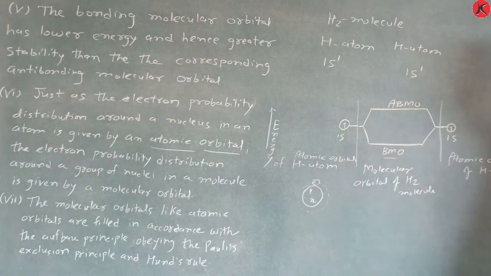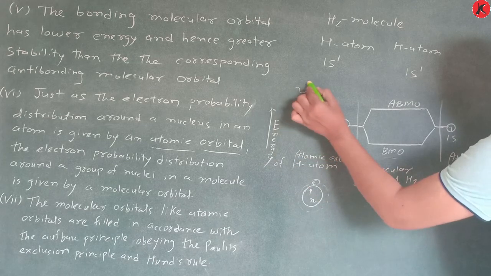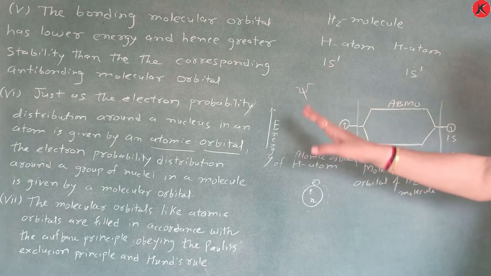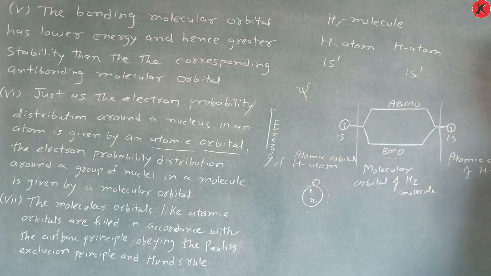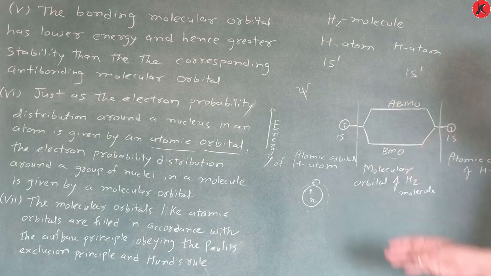At that time I will explain what is the meaning of wave function, what psi is and what is the significance of its sign. That we will cover later on. Don't bother, but just understand that BMO has a lower energy and ABMO has a higher energy.